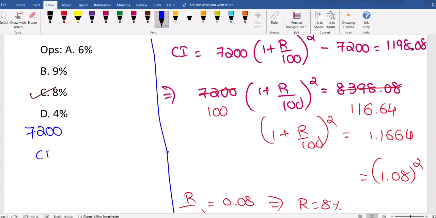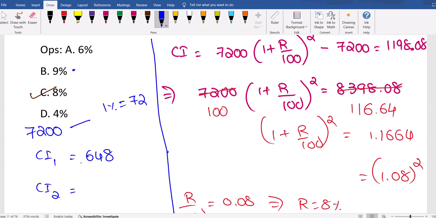First year interest plus second year interest together is nothing but compound interest, right? So instead of 8%, you can try 9% also. We have among 6, 9 and 8. Let's try 9%. 9% of this: 1% is nothing but 72, so 9 into 72 is 648.